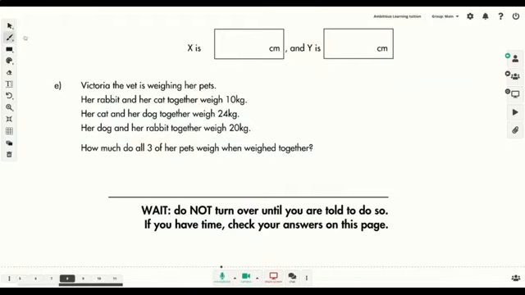So again, try making the chart. You know that rabbit plus cat equals 10 kg.